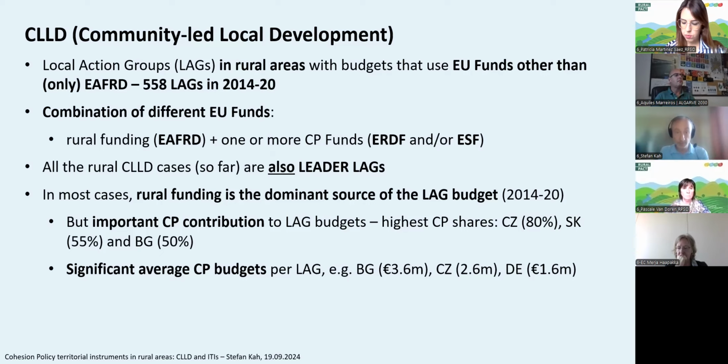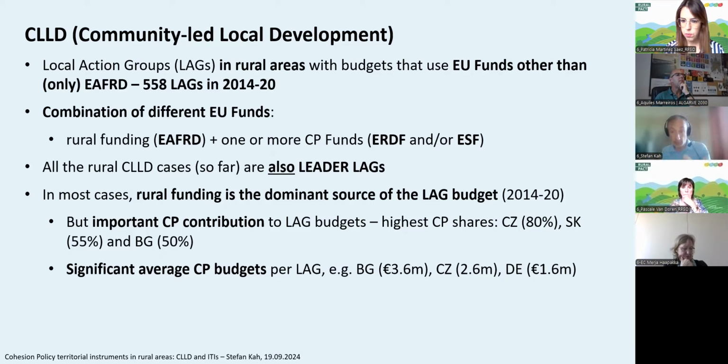It's important to note that while these are cohesion policy funded instruments, the dominant source from the local action group's perspective is typically still the rural fund. It depends on countries, though, and the cohesion policy contribution to the local action group budgets can be quite significant. The highest shares we see here in the Czech case, where it's by far the dominant source, but also in Slovakia and in Bulgaria it was quite significant.